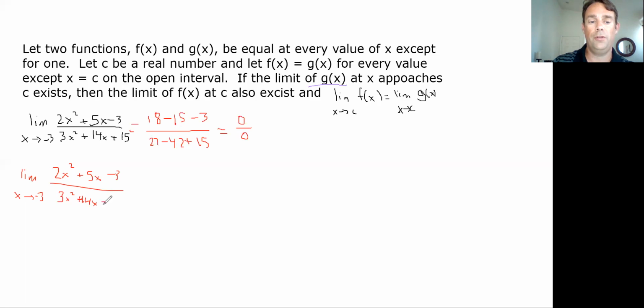(14x plus 15). All right, so we're going to go ahead and factor it here. So since I'm going to keep rewriting it, I have to bring the limit with me. I don't get to just drop that. That's one of those form issues. And I believe I'm going to end up with, let's see here, 2x, oh, let's go -1 and x plus 3.